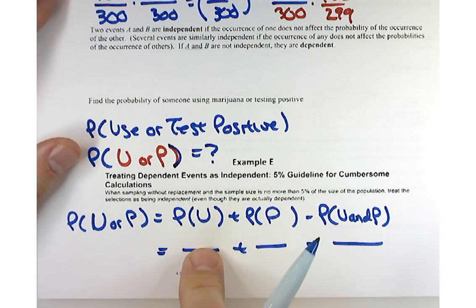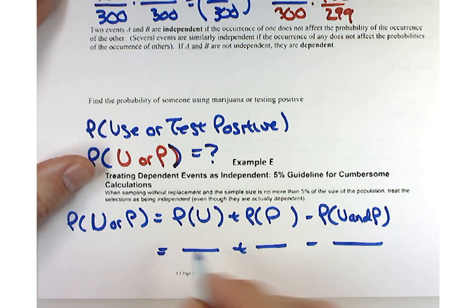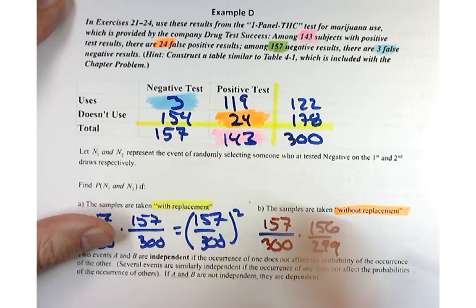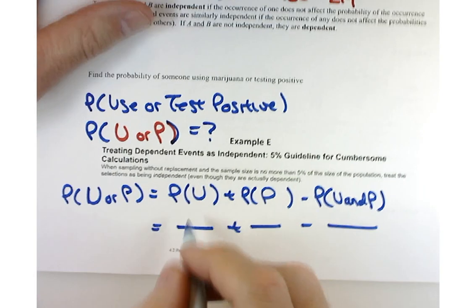Let's look through these. Georges, what's the probability that somebody uses in this table? There's more than 3 people that used. Uses, like negative and positive? Yeah. 122.